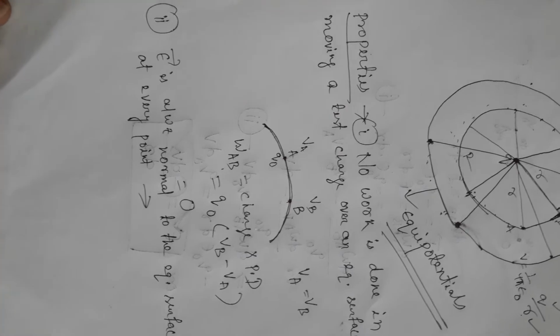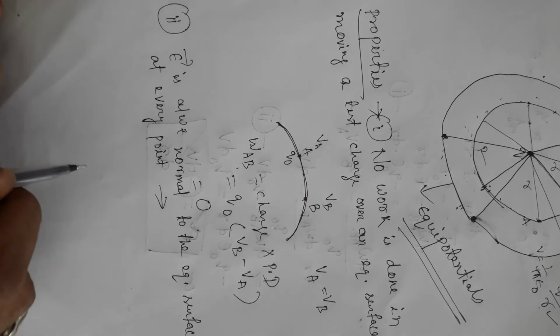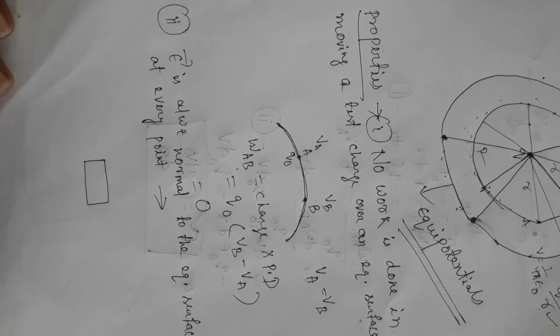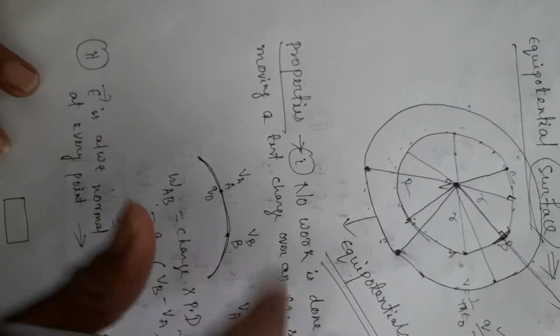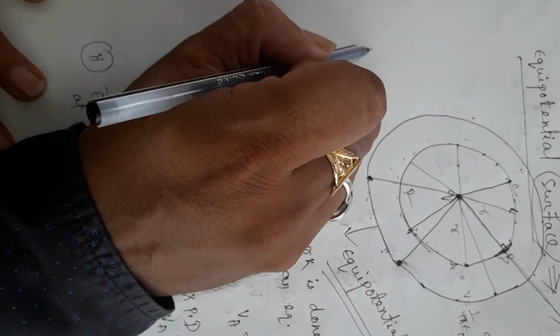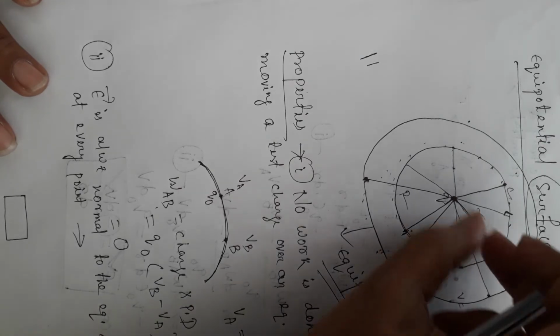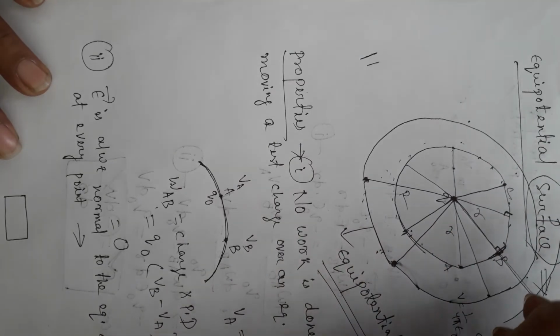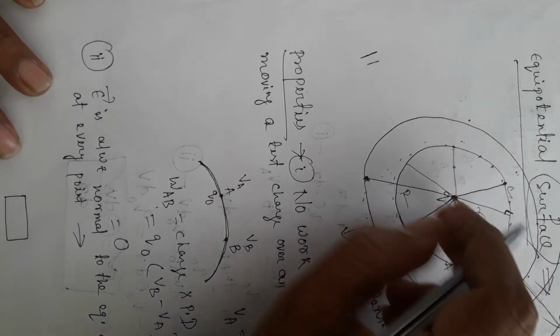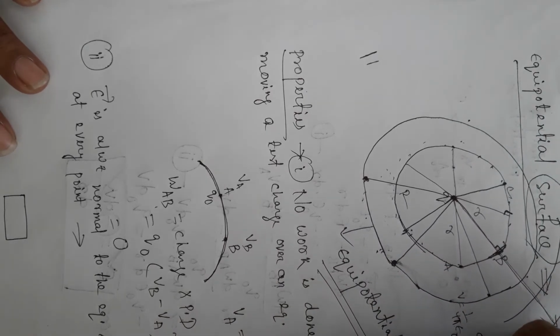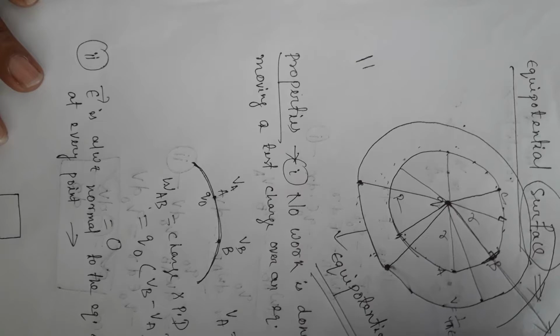So we have to prove this. Let's take an equipotential surface here. Listen to one thing: you can represent an equipotential surface as a parallel surface, because if the distance is more, the curvature will be less, and it will appear like a straight line.